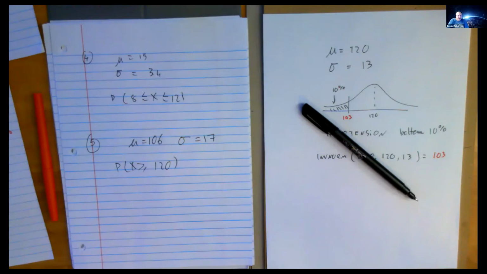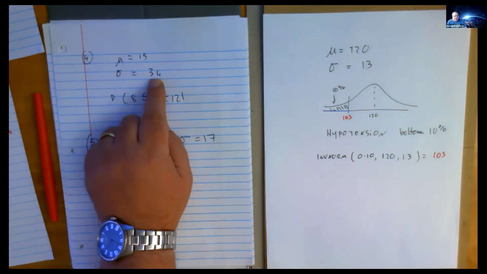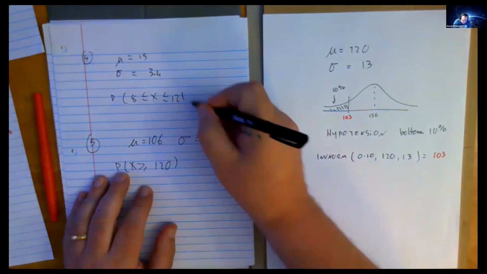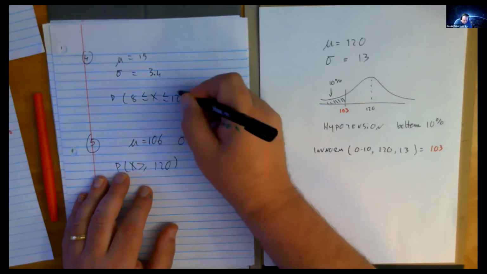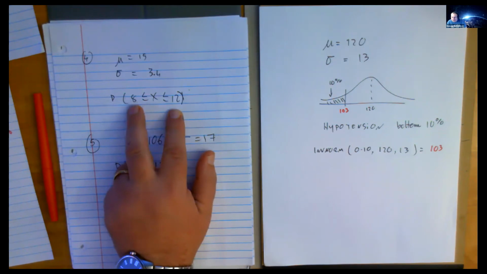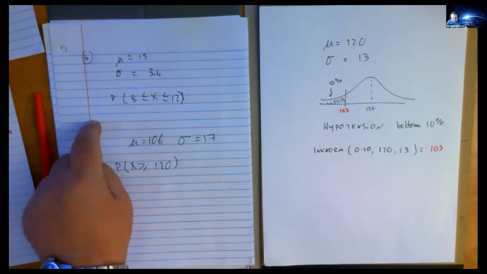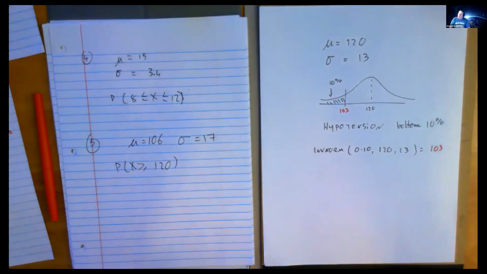Right. In question 4, the mean was 15, the standard deviation was 3.4. And we're being asked to find what percentage of the data is between 8 and 12. Do you see that this is not, here's a percentage, find an X; isn't this, here are some X's, find a percentage? It's the reverse process.